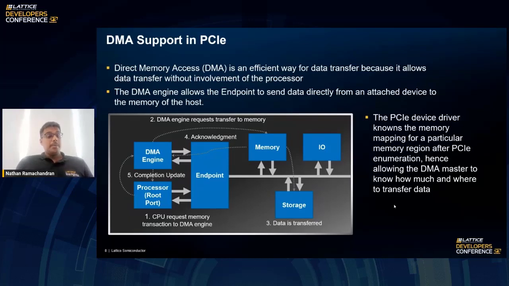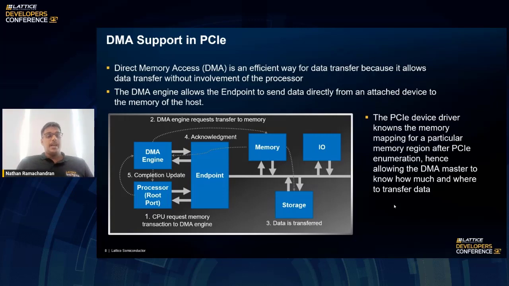Basically, in this example, we show how a host or a processor transfers memory to the endpoint without involving the processor itself. So the processor has a DMA engine, and it starts the process by the CPU requesting a memory transaction to the DMA engine.